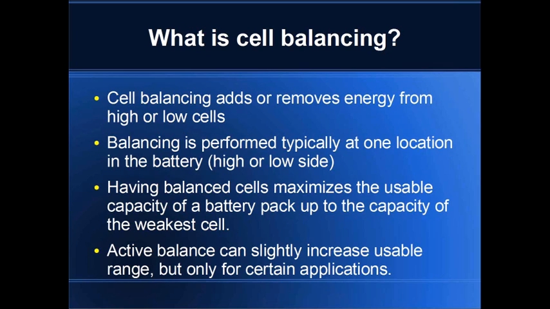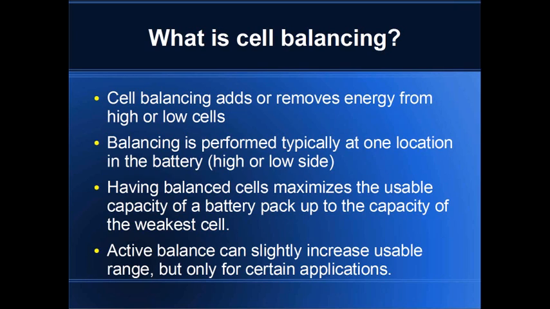You can continue to use a battery pack even when the cells are not balanced to a certain degree. If you have a battery pack and you have maybe a 5% difference in state of charge from your highest to lowest cell, you're going to be able to continue to use the battery pack. You won't be able to use the top 5% and the bottom 5%.